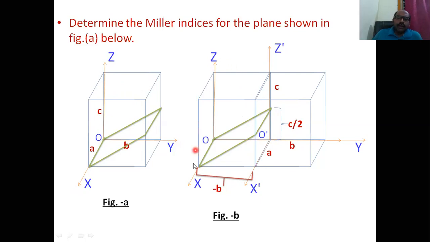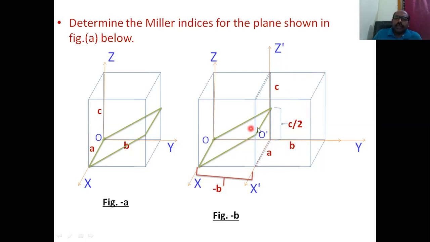The earlier one is shown with x, z, o, and this is x dash, o dash, z dash. So this unit cell is the adjacent unit cell, and we have translated our origin to this point. Now we find the intercepts with respect to this unit cell only.